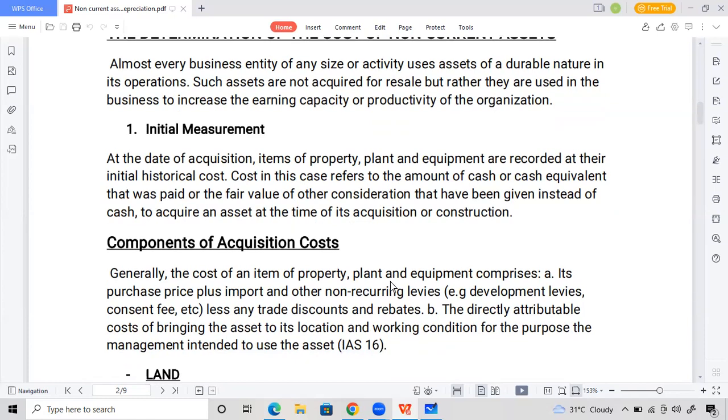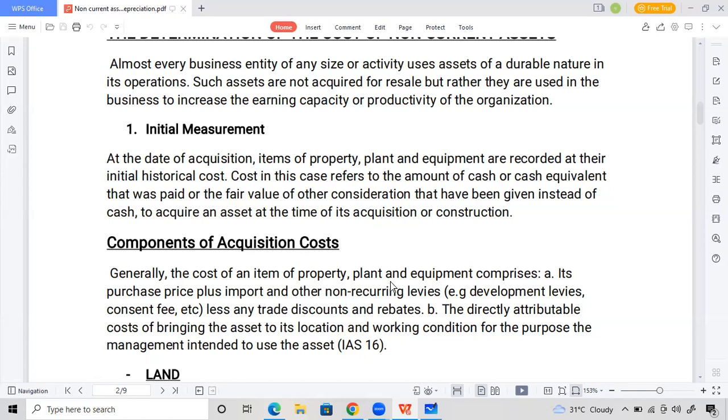So meaning that you may not pay cash. What are the other costs that you pay apart from cash?